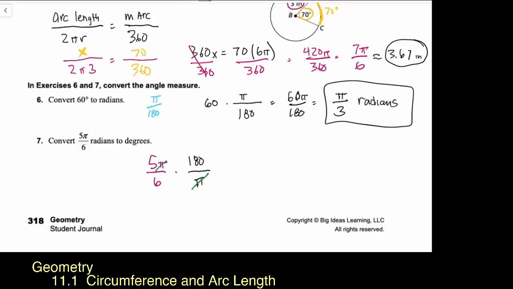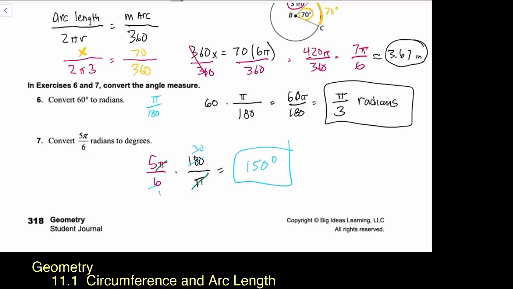Let's multiply straight across. We can do some other things to help us simplify. I could do a little more reducing right there. That becomes 1, and then this becomes 30. And guess what? Without a calculator, 5 times 30 is 150 degrees. We have now converted from radians to degrees.